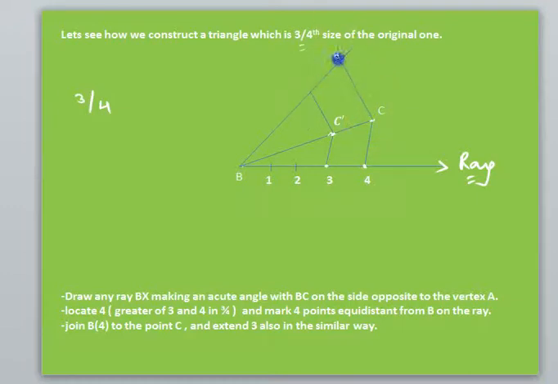If I call this P and this Q, then C dash Q is parallel to CP. Therefore, if BPC is my original triangle, then BQC dash is the 3/4 size of the original one. Just imagine, isn't it 3/4 size of the original triangle? Just try to visualize.